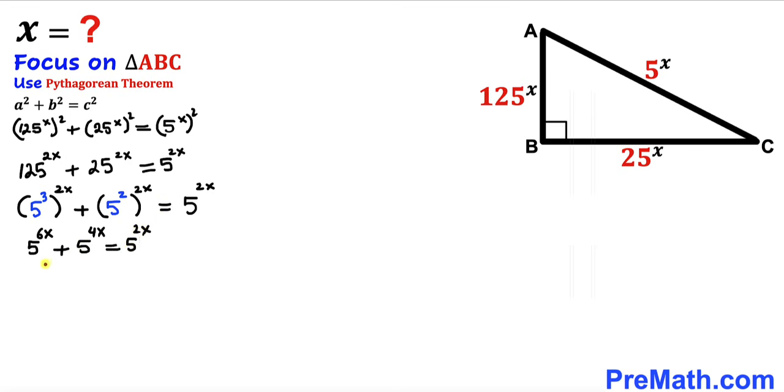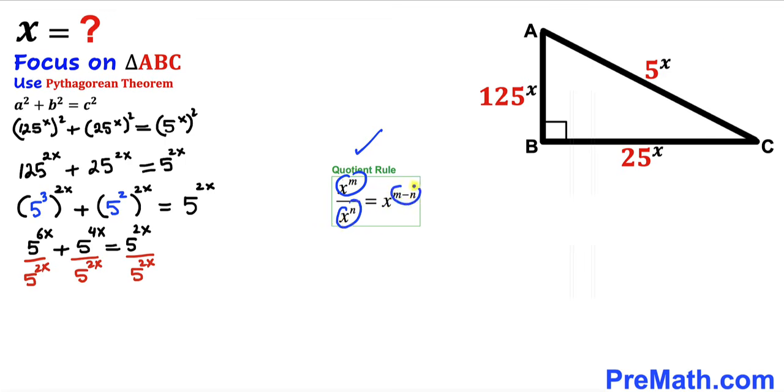And now I'm going to divide each and every term by 5^(2x) across the board, and divide this side by 5^(2x) as well. Now let's recall the quotient rule of exponents. If we have x^m divided by x^n, this can be written as x^(m minus n).